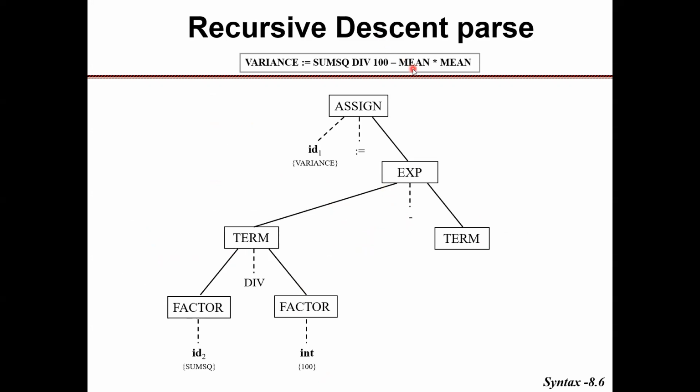So we're here. But now we still have this multiply and another ID, mean. Okay, we saw this exact same thing over on the left-hand side of this tree when we were doing the div. So we have a term here, which means that we can accept a factor, which can be an ID. But let's look and see what happens, because right now we think we've classified mean as a term.